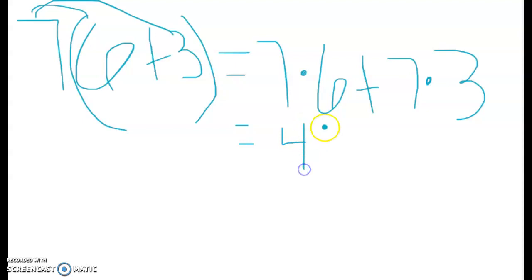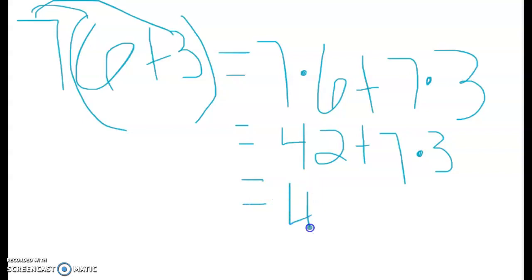Our 7 times 6 is 42. Bring down our plus sign, 7 times 3. Now our order of operations: leave our 42 alone for right now. Bring down our plus sign. 7 times 3 is 21.